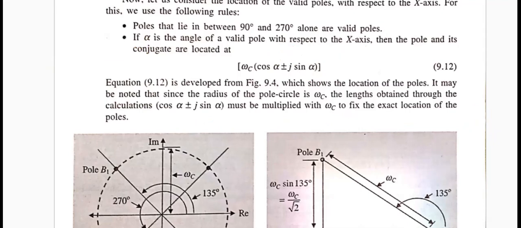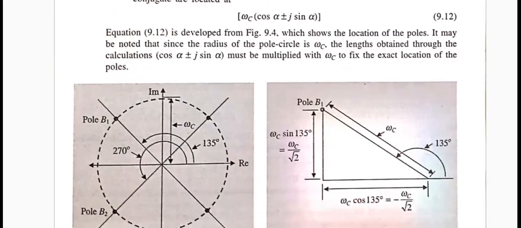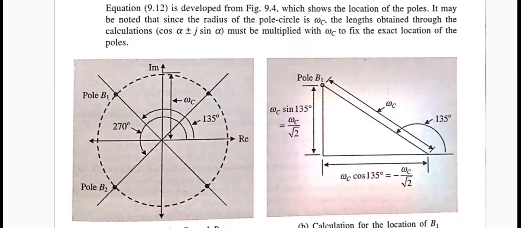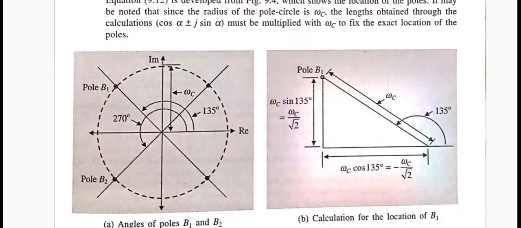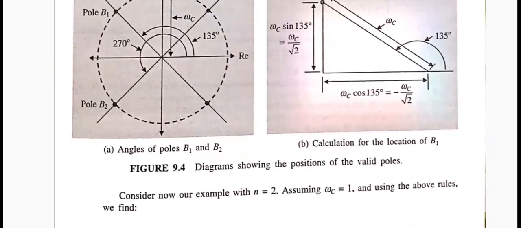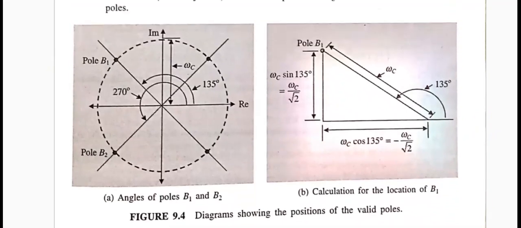So how can we find the valid pole? We can find the valid pole by choosing only the value of plus. However, by this equation and this trigonometrical plot, you can find the pole locations. What we need to do is find this location, where in the previous section we have only tried to find the angle.